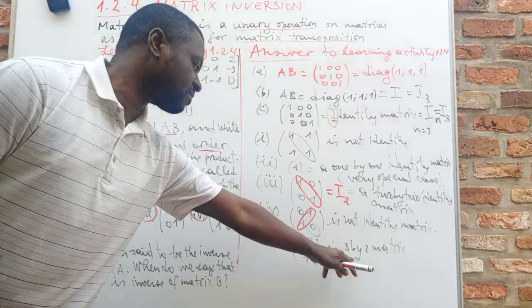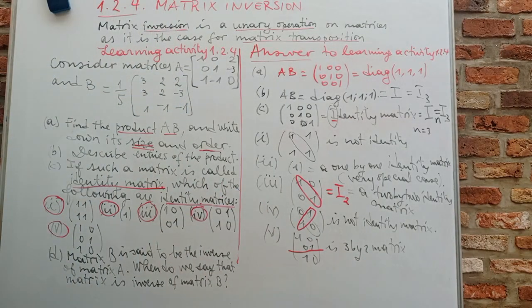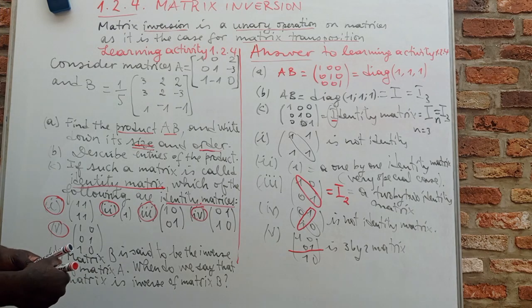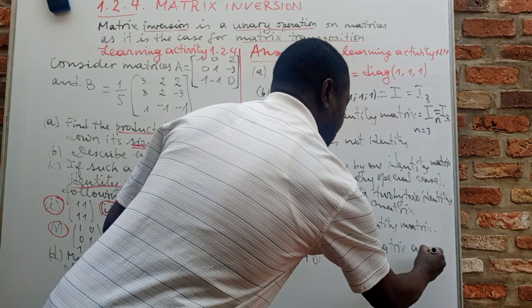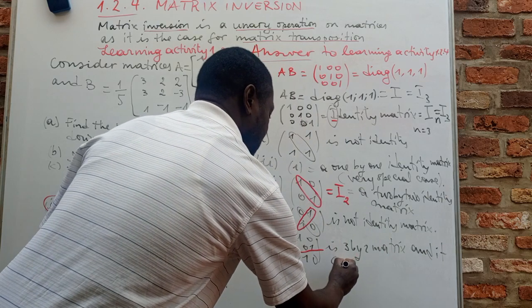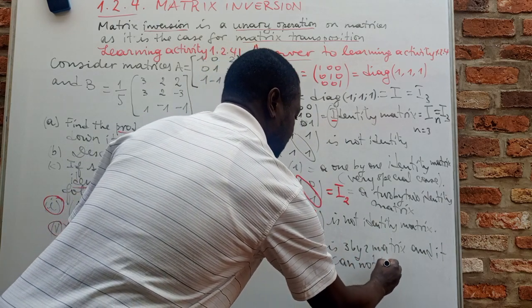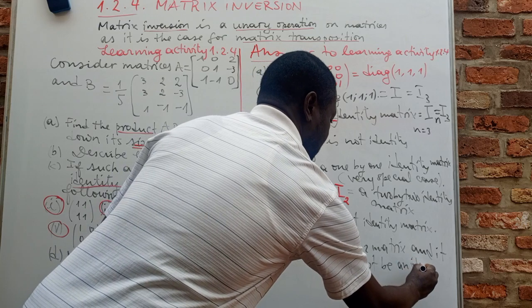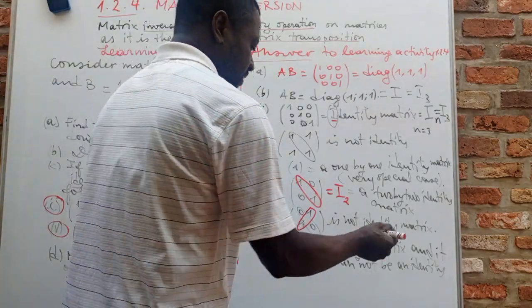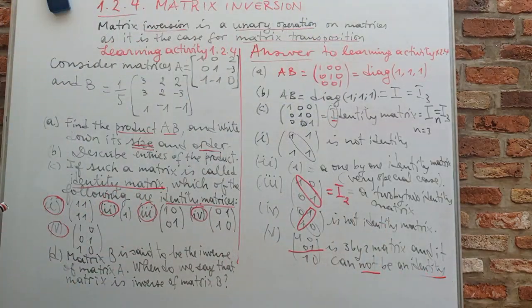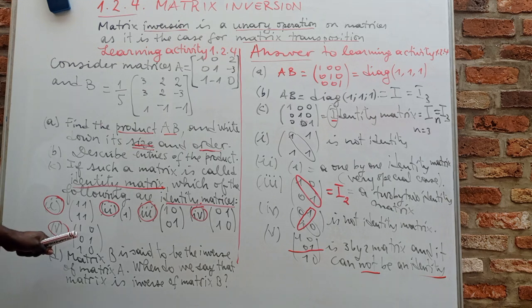It is a rectangular matrix, 3 by 2, which means that it cannot be an identity matrix. It's not an identity matrix. So that is the answer for number 5.